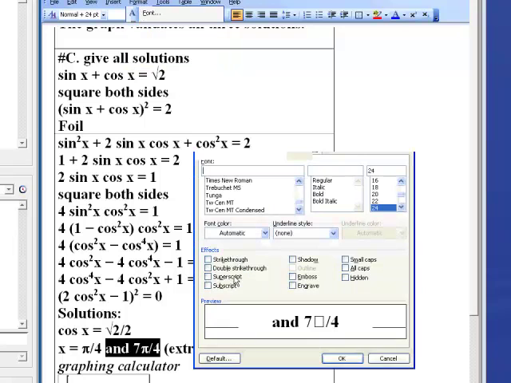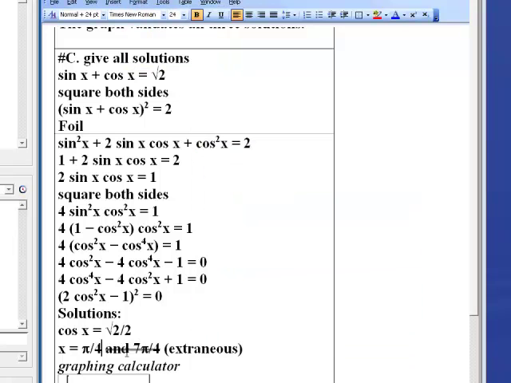So I'm going to cross this out. But then here I have to say that plus k times 2 pi, those are solutions as well.